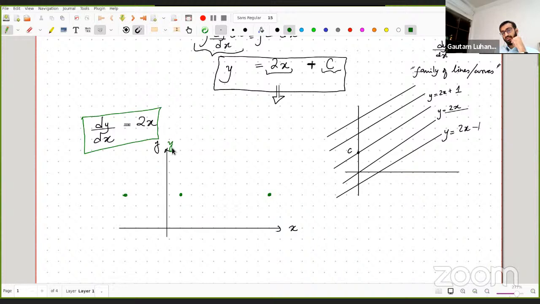On the y-axis, I have y, not dy by dx. Is there anything that I can say about these points from this equation?